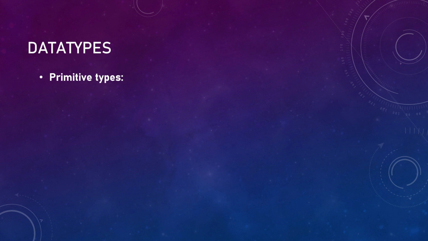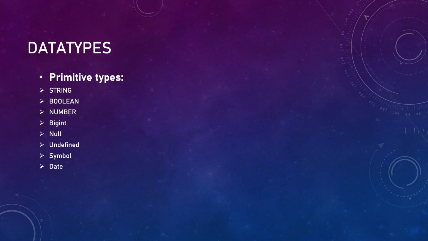Under primitive types, we have string, boolean, number, bigint, null, undefined, symbol, date. And the non-primitive types are arrays, objects, functions.